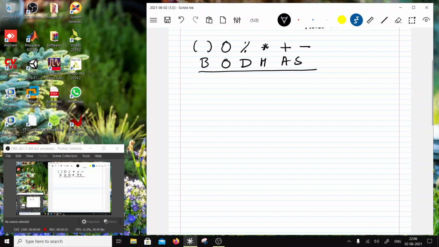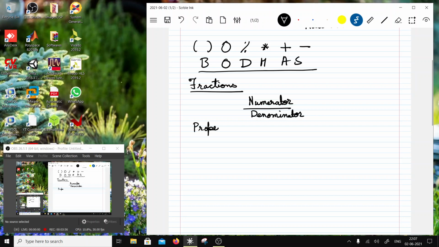So let's start with fractions. Fractions are basically numbers which are expressed as ratios. So there is a numerator divided by a denominator. Now if the numerator is less than the denominator, that means the number is less than 1. These are known as proper fractions.